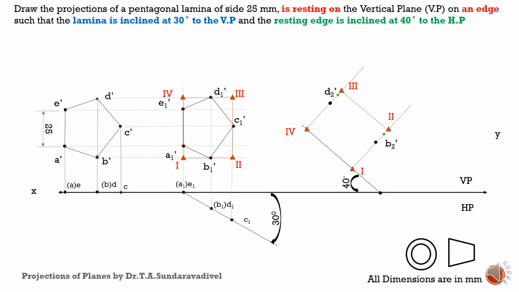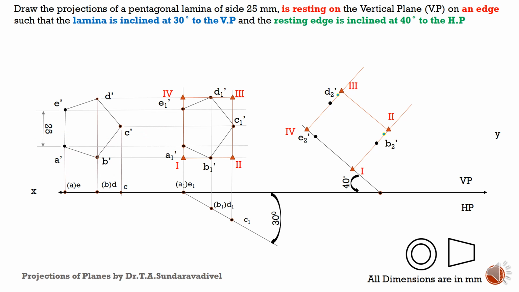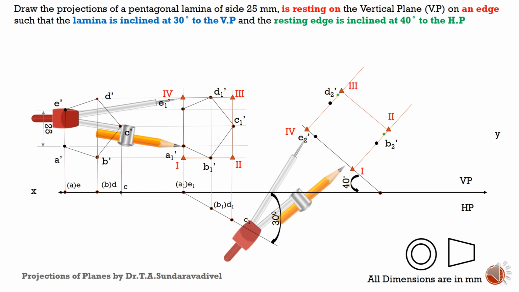Then I take the measurement of 1E1 dash. It is on the line 1, 4, so I place it on the corresponding line, and I will get the point E2 dash. Then 4A1 dash.